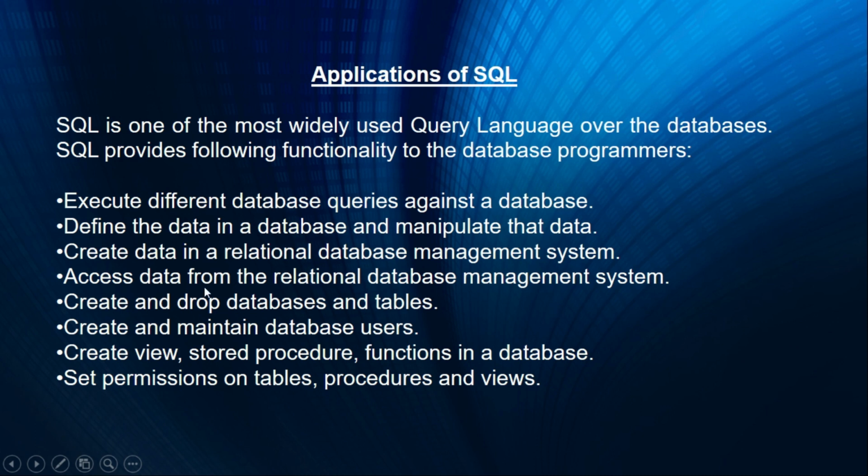Then create and drop database, create and maintain database of users, create a view, stored procedure, functions, etc. Then set permission on tables. Permissions is nothing but whether access needs to be given to the respective users or not.